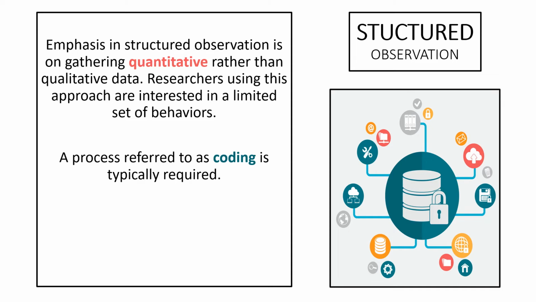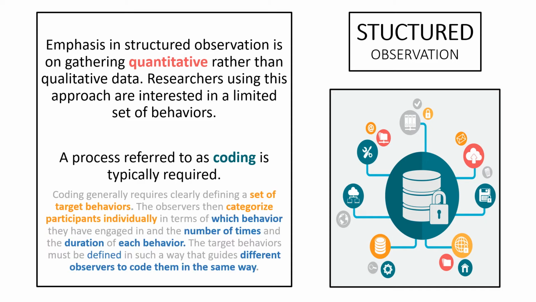A process of coding is used to analyze the data. Coding will generally involve defining clearly target behaviors that are to be observed and recorded. Observers will then categorize participants individually in terms of which behaviors they have engaged in.